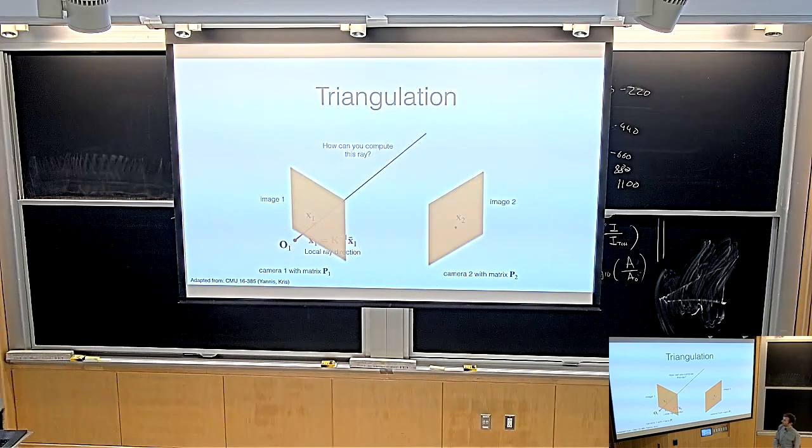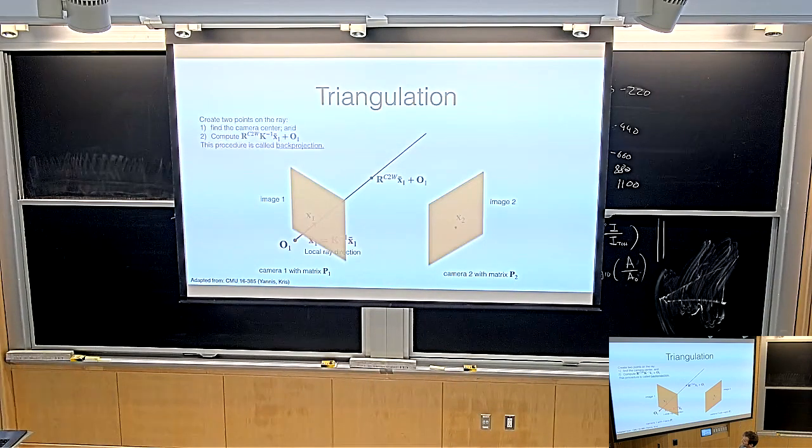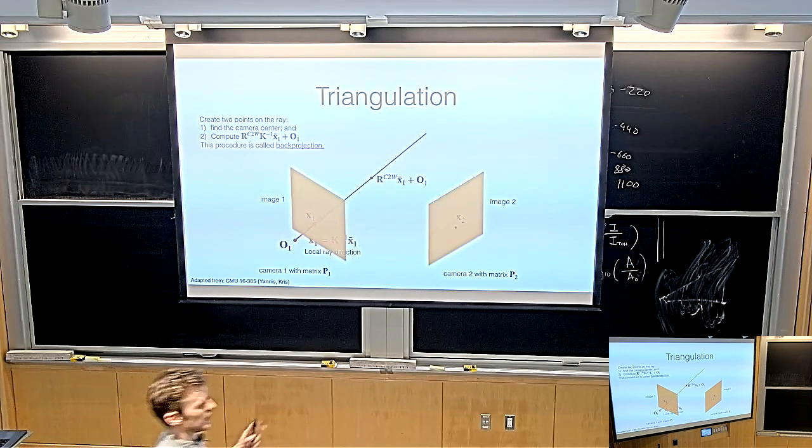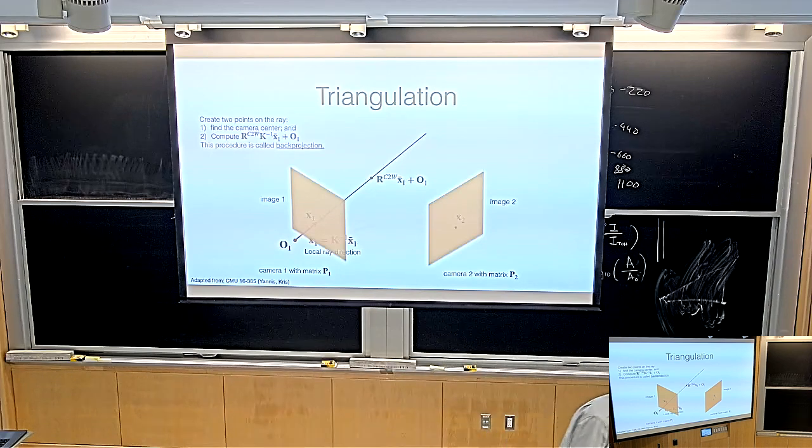So how can you compute this ray? We just discussed it. Great. This is called an unprojection or back projection. There are different ways of calling it. Here's the math for what to do if the origin is not at the camera origin. Then you also have to account for the rotation and the translation of the camera.